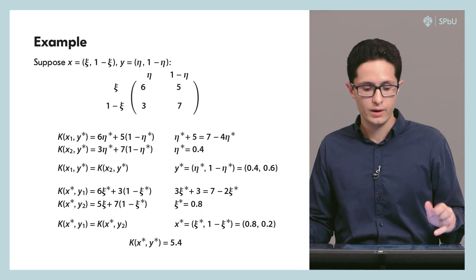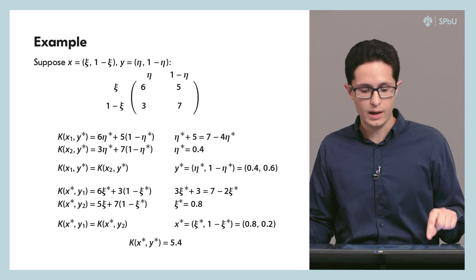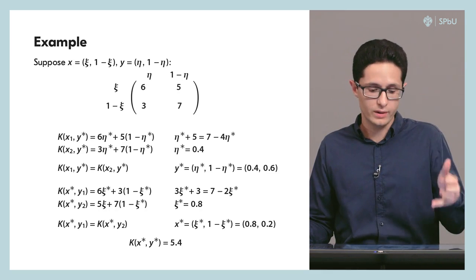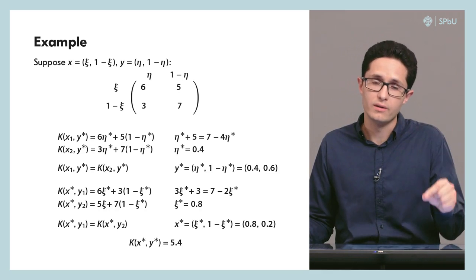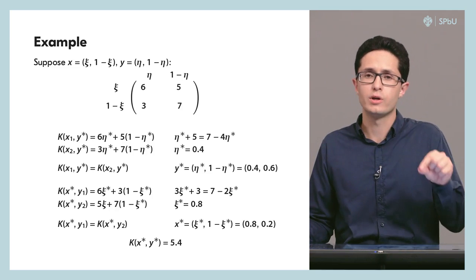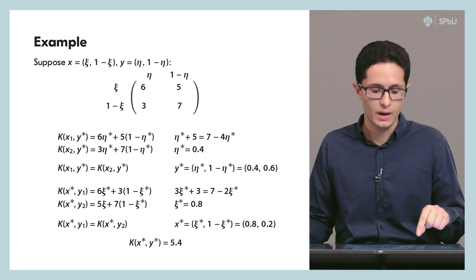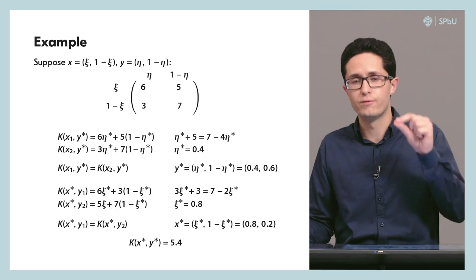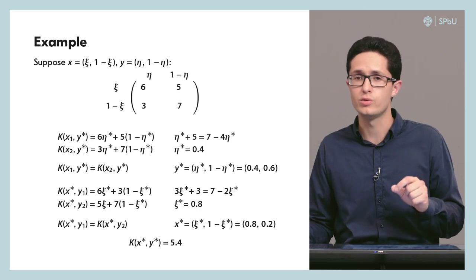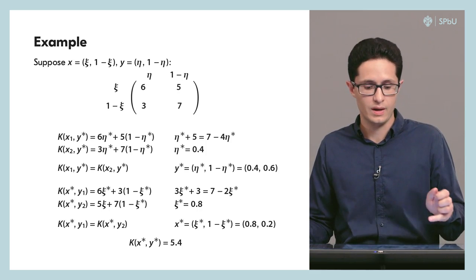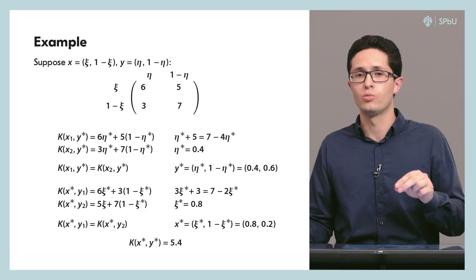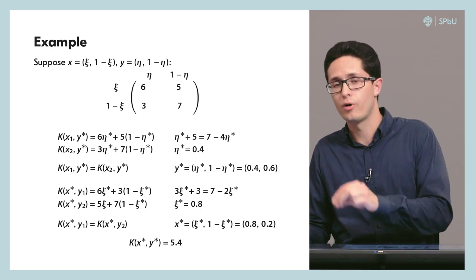From the equation K(x star, y1) equal to K(x star, y2), so when the first player uses strategy x star from the saddle point and the second player uses the first pure strategy y1, the payoff is equal to the payoff when the first player uses strategy x star from the saddle point and the second player uses the second pure strategy y2. From this equation we can find a strategy x star, which is the strategy of the first player from the saddle point.